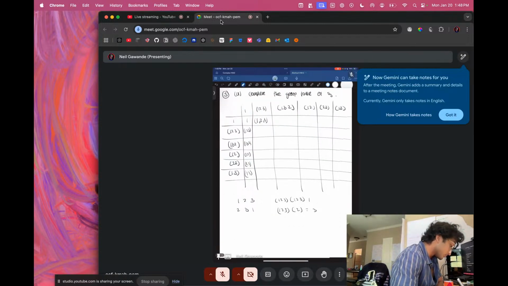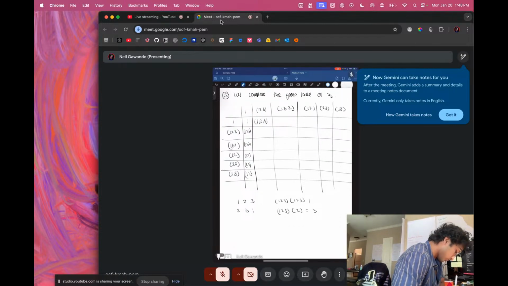Let me think about this. 1 goes to 2, 2 goes to 3. 2 goes to 3, 3 goes to 1. 3 goes to 1. Goes to 2. 1, 2. Somehow it's supposed to be.